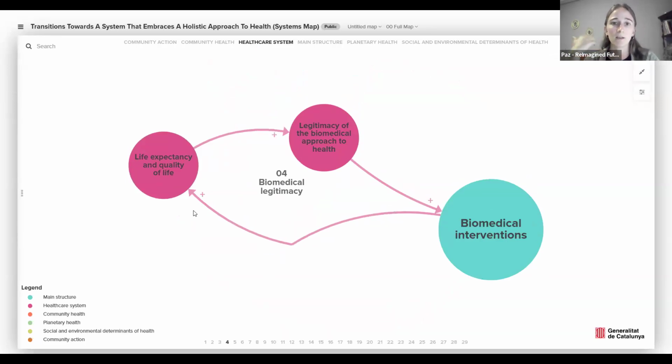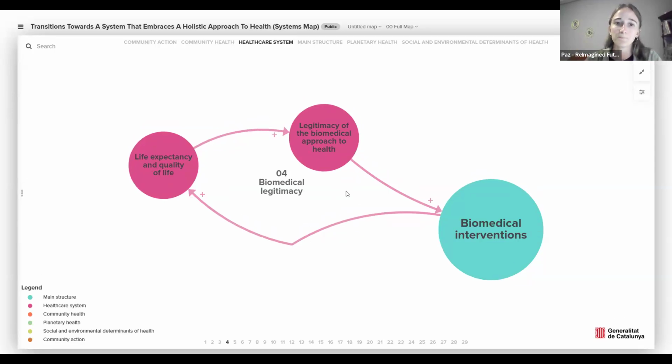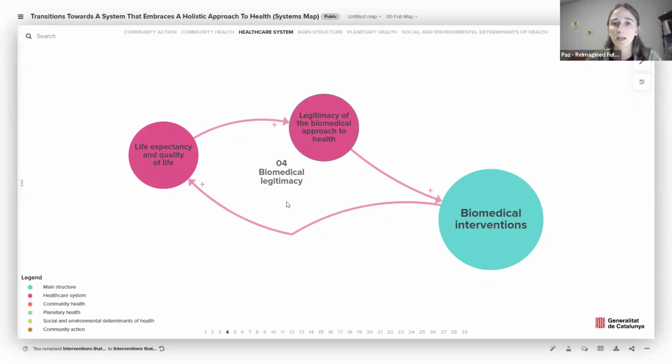No one can deny that the advances in disease treatment, prevention through vaccination and early detection programs have reinforced this perceived legitimacy. This increases the perception of society that the biomedical approach is trustworthy. So this explains basically the strength of the biomedical approach.